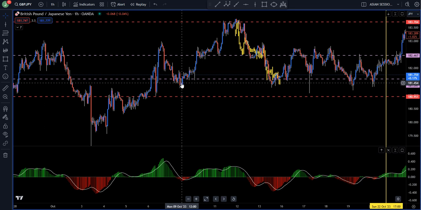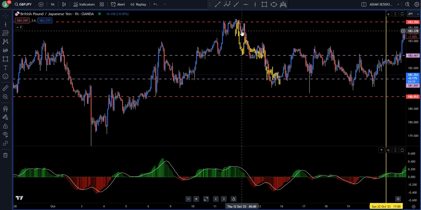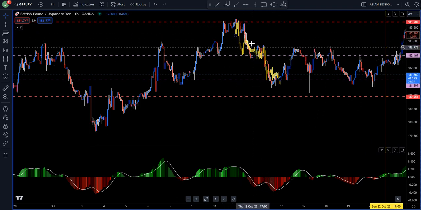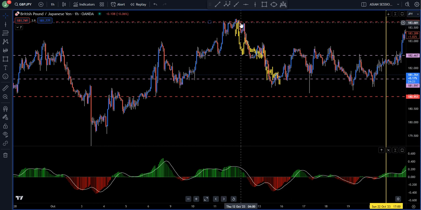Of course, we would have put our alerts so you're not sitting here monitoring the charts, letting your life just go by. We set the alerts at the key level. And when we get alerted, we come back and then we get in position.